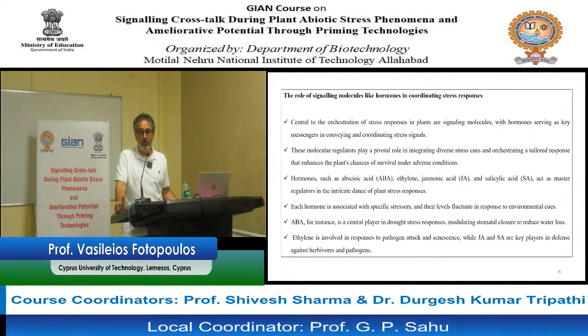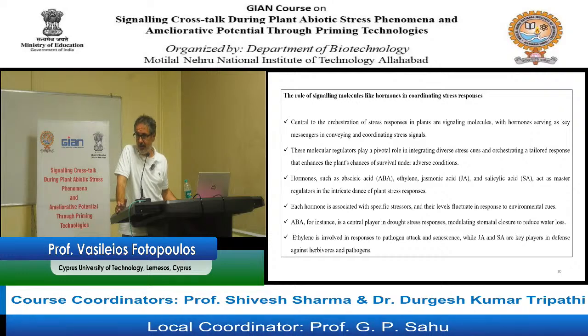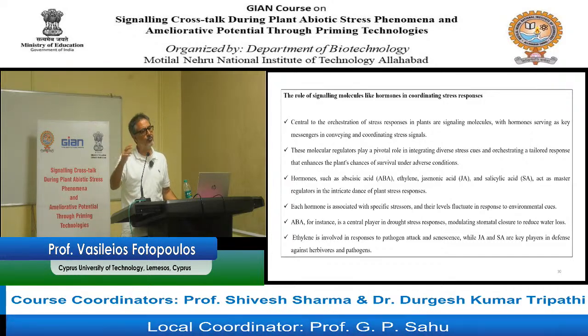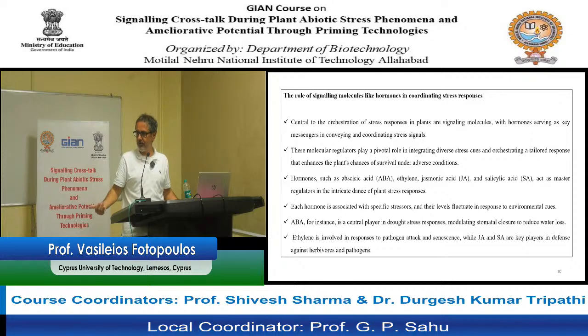Yesterday I mentioned polyamines. Polyamines are known to act as hormonal signals. Melatonin is nowadays considered to be a new, within brackets, phytohormone, especially because A, it acts in a similar fashion to hormones, and B, structurally speaking, it shares a very common backbone with auxin.